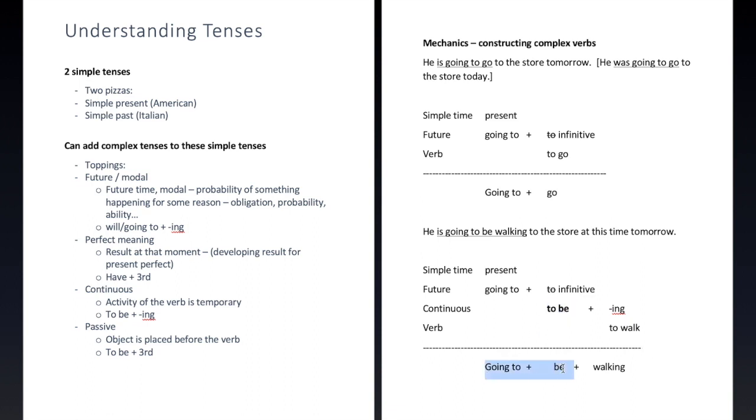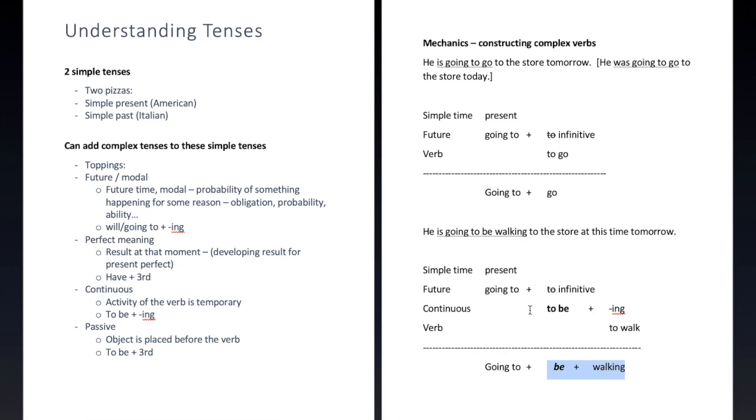So this to be right here is the second part of the future construction, and is also the first part of this continuous construction. So this is what I mean when I say we overlap the complex tense constructions on each other.